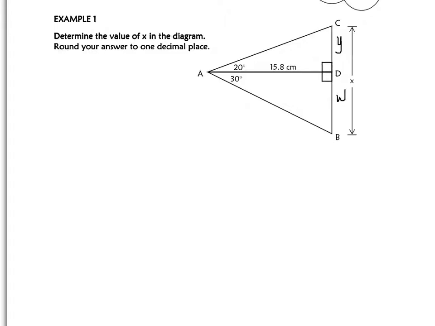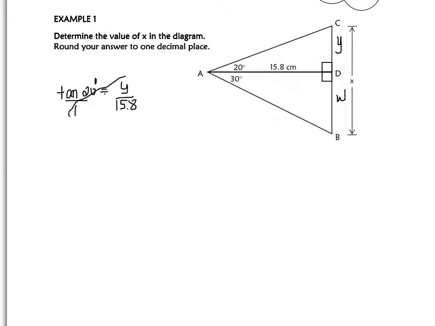So we'll start with the top triangle. In the first triangle, ACD, Y would be the opposite and 15.8 would be the adjacent, so we would be using a tan ratio. Tan of 20 degrees is Y over 15.8, and we can put that over 1.